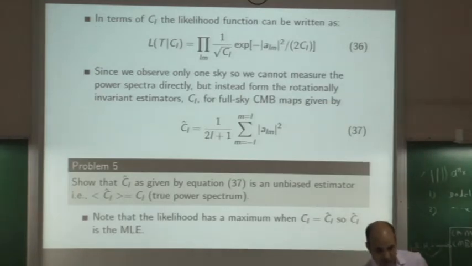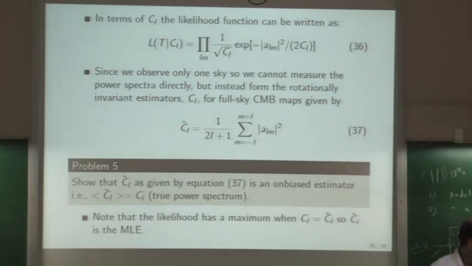So in any case, we can make an estimator of CL. We have observation; from observation we get temperature, from temperature we do the multipole decomposition, we get the observed ALMs, and from that we can get one CL hat.